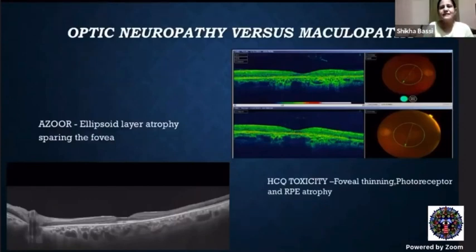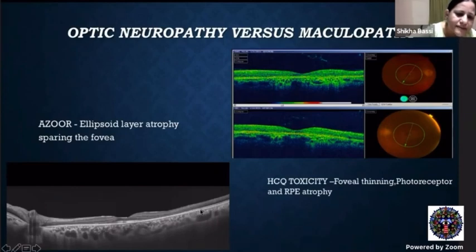Now, there are certain situations where a neuro-ophthalmologist has to distinguish between optic neuropathy, especially retrobulbar optic neuropathy, and a very subtle maculopathy like AZOOR or HCQ toxicity. These are diseases of the outer retina. So in AZOOR, you do the retinal OCT and you can see this is the ellipsoid layer, which becomes atrophic.